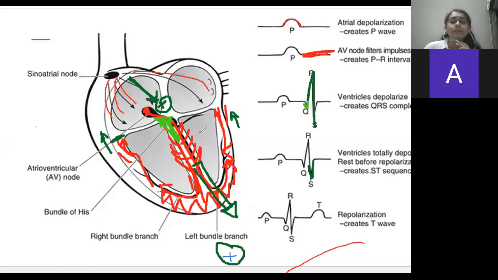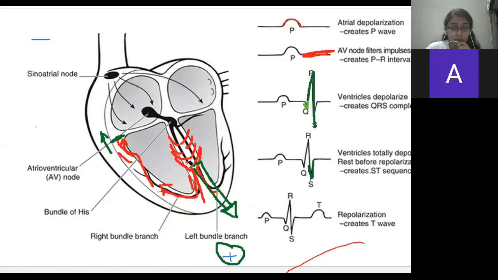Now the entire depolarization event has been done. So the atria have depolarized, the electric current has reached the bundle of His and everywhere, and your ventricles have depolarized. Now what? Now repolarization.